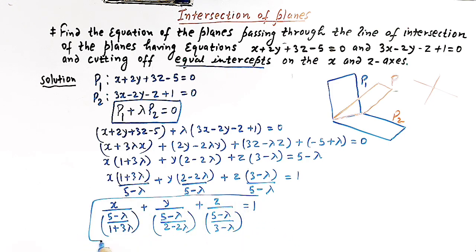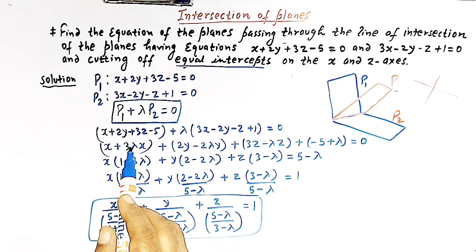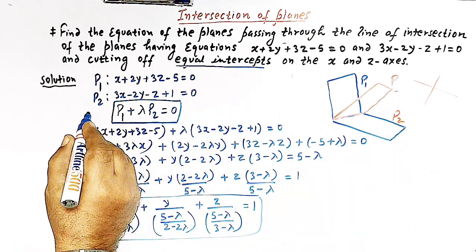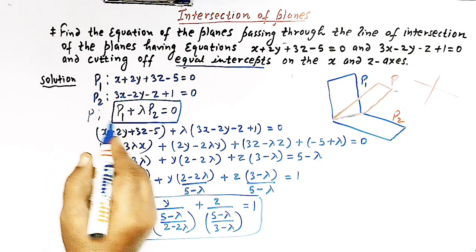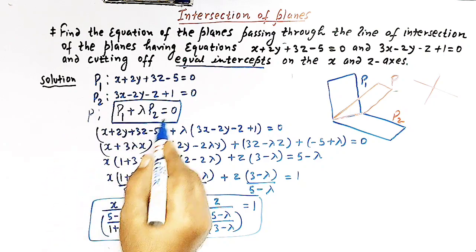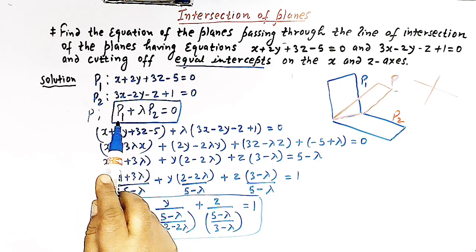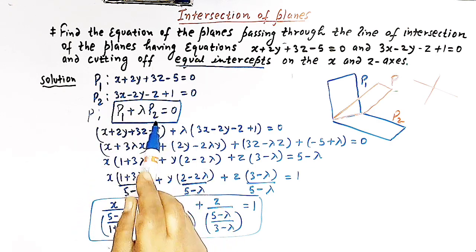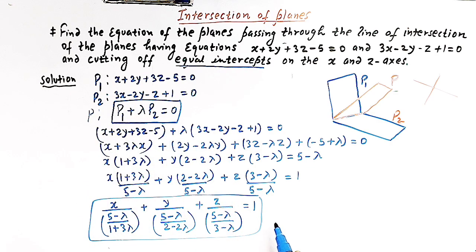So what we have done here, we have written the equation of the plane P, which is given by P1 plus λ P2 is equal to 0. Substituting the value of P1 and P2 in this equation, we have arrived at this equation.